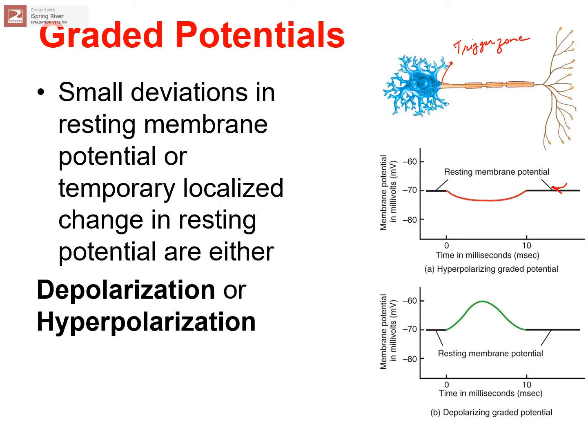What causes an action potential to generate at the trigger zone is what we are going to look at. If you remember, these blue extensions are dendrites.